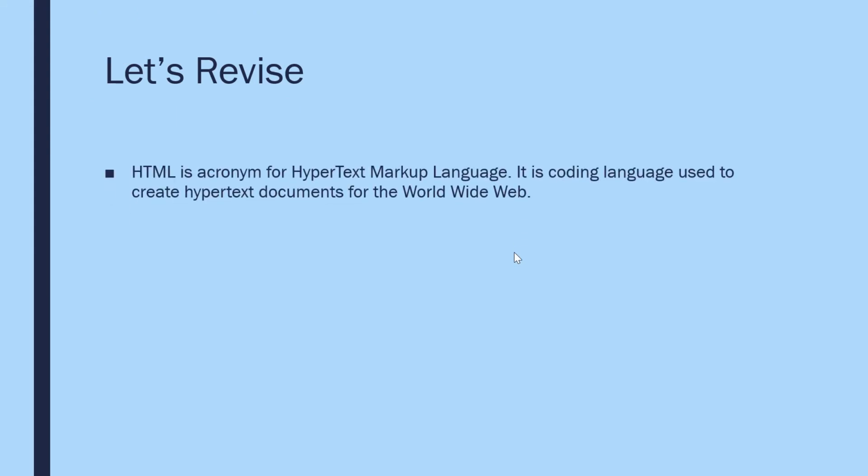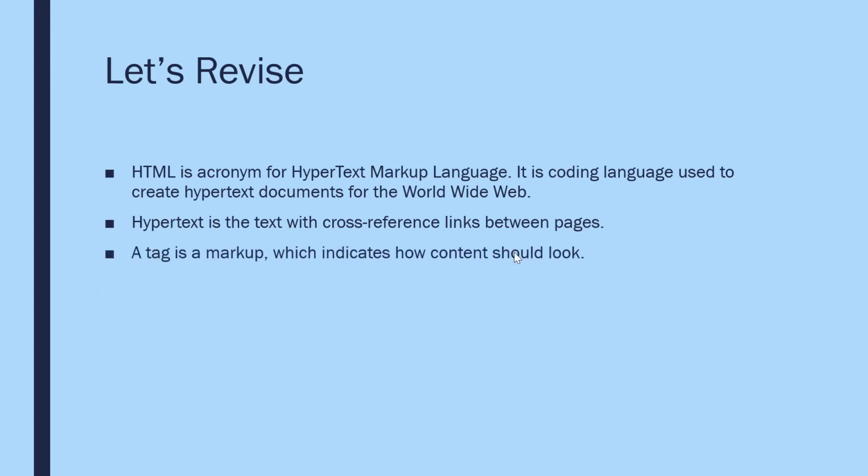Okay, so let's just revise our chapter. HTML is an acronym for Hypertext Markup Language. It is a coding language used to create hypertext documents for the World Wide Web. Hypertext is the text that cross-references links between pages. Okay, so it can help you to go from one page to another. A tag is a markup which indicates how content should look.